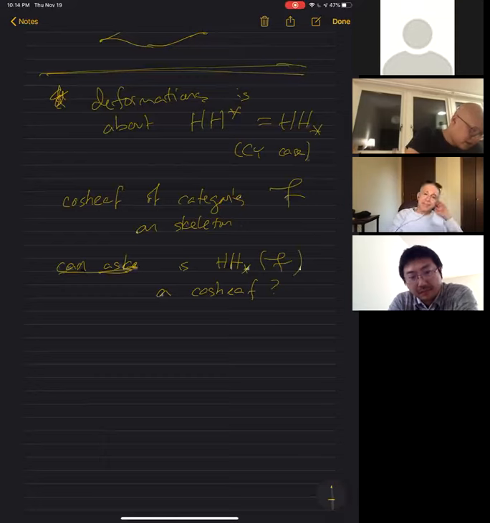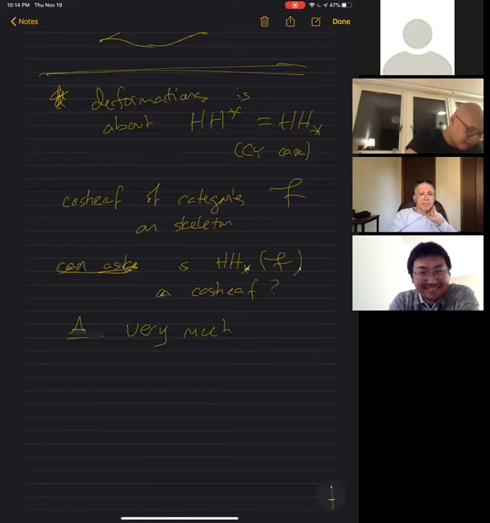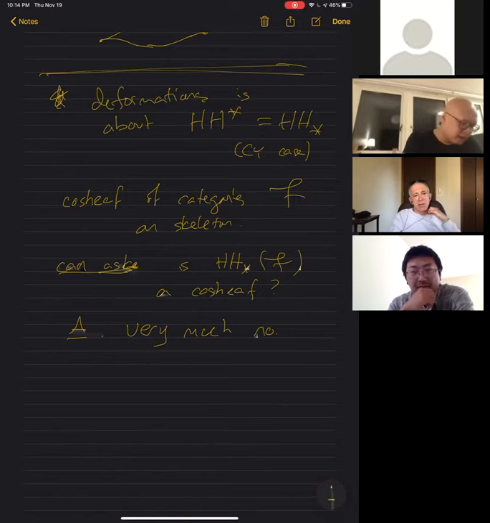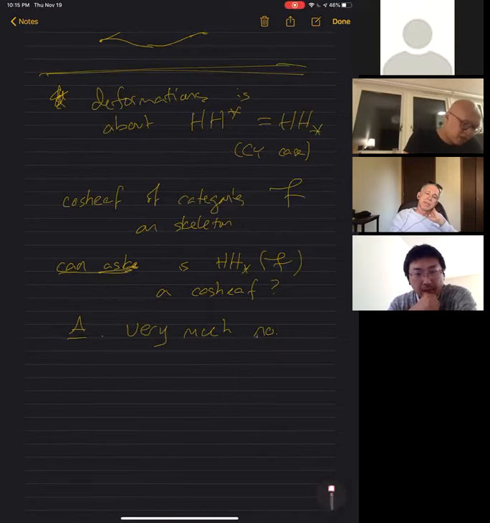And the answer is very much no. What if you replace the homology with chains? I always mean chains. No, it does not respect homotopy colimits. Everything inside, I always mean cochains, homotopy colimit, etc. And the answer is very much no. In fact, it is a pre-co-sheaf, and you could co-sheafify it. So you can consider the co-sheafification.